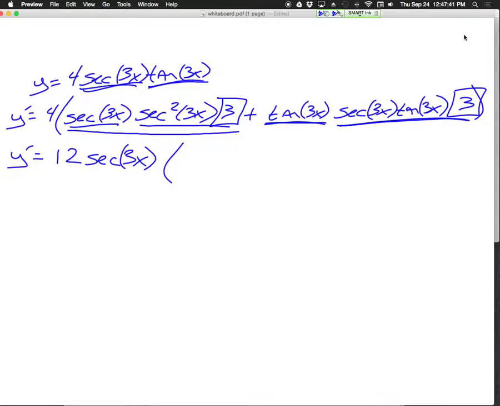Secant squared. And on this second piece, if I take the 3 and the secant out, what am I left with? Tangent squared, good. There it is.